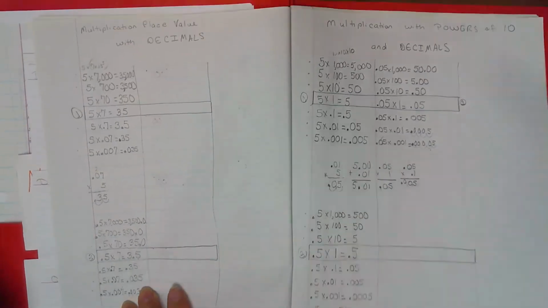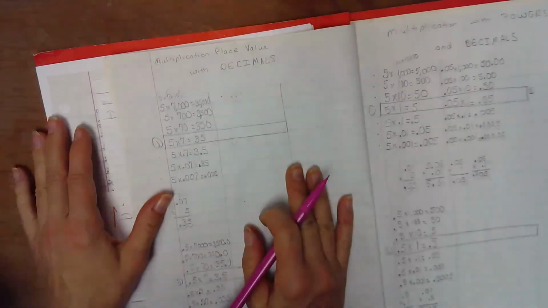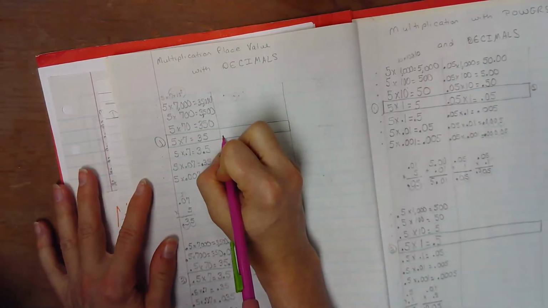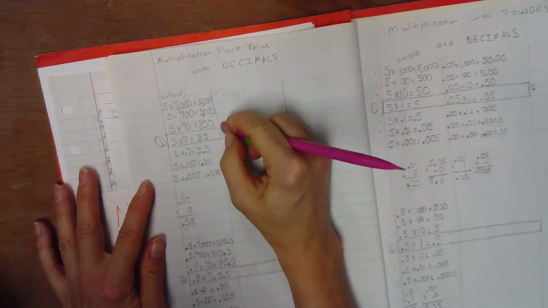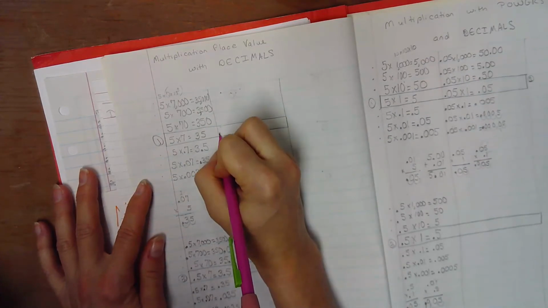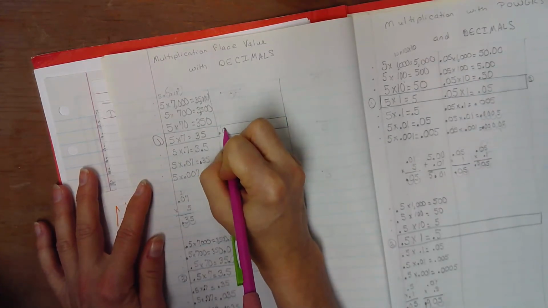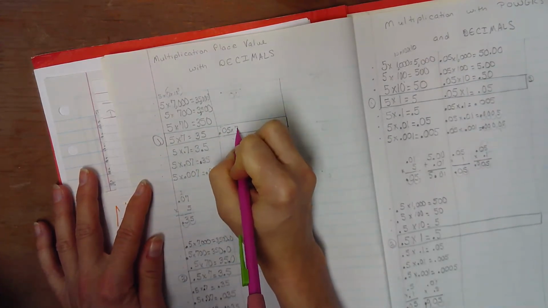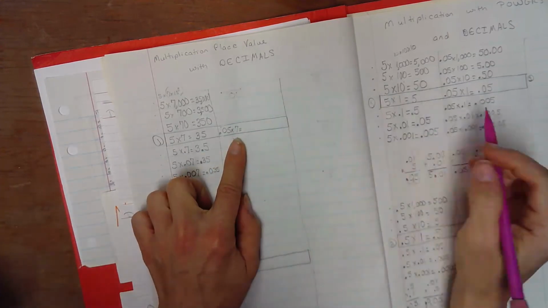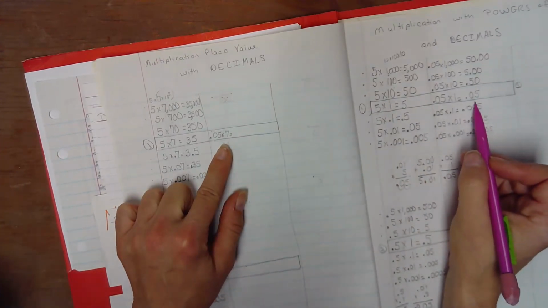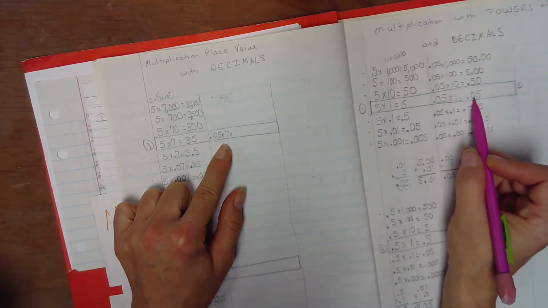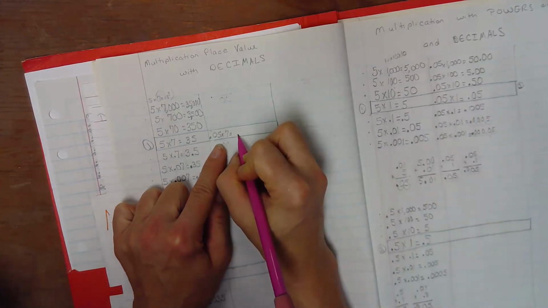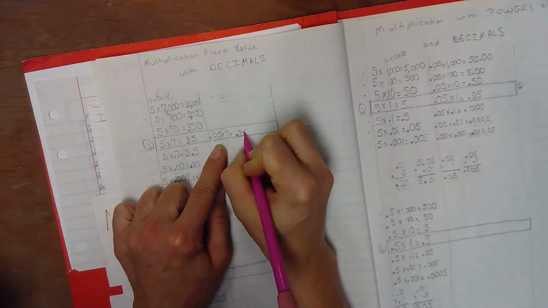What will happen when we go over here and we do 5/100ths times 7? Now I'm going to show you something. 5/100ths times 7. I know I'm going to need 2 digits after the decimal. I know 5 times 7 is 35.